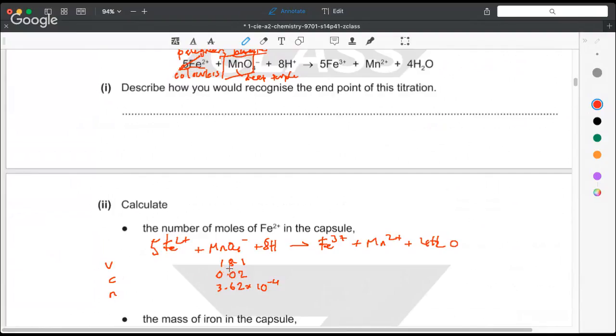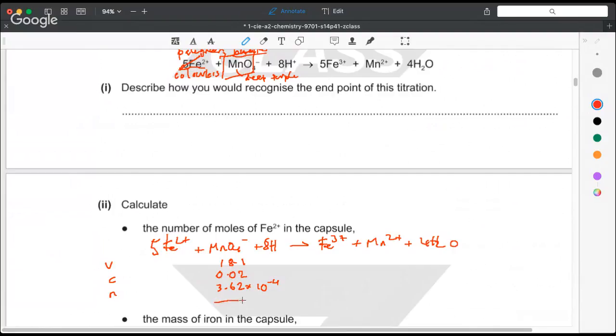And if I kind of keep myself lined up here, then I don't get lost in the calculation. And the only thing you've got to watch there, of course, is that your concentration is in moles per decimeter cubed, and your volume is in centimeters cubed. So you've got to change your volume from centimeters cubed to decimeter cubed before you start working out the amount, the number of moles. So you've got to divide 18.1 by 1,000 before you can use it to calculate the number of moles.